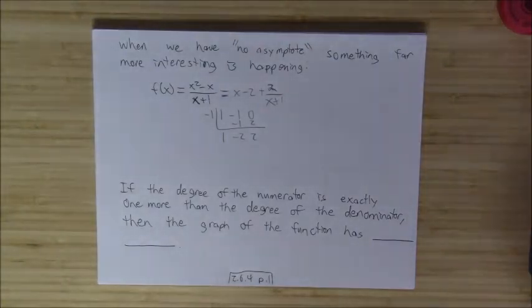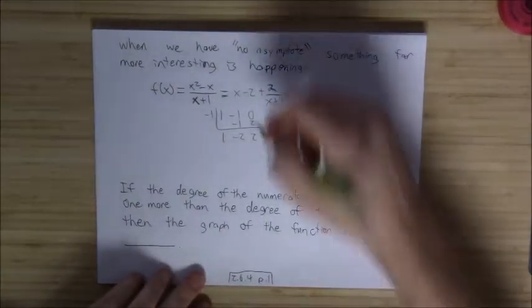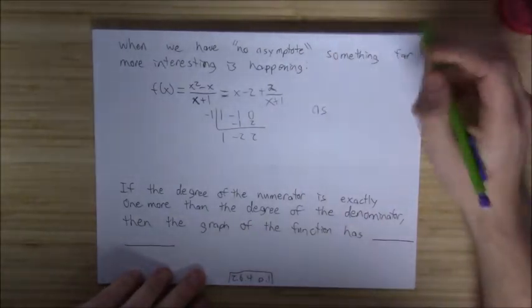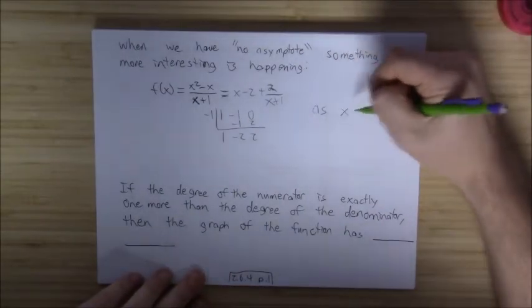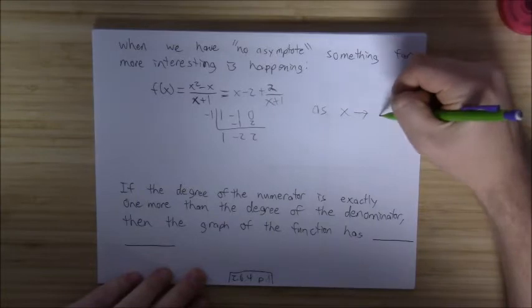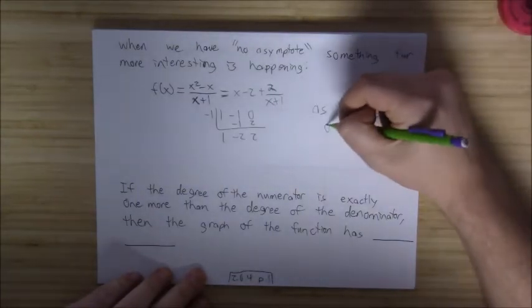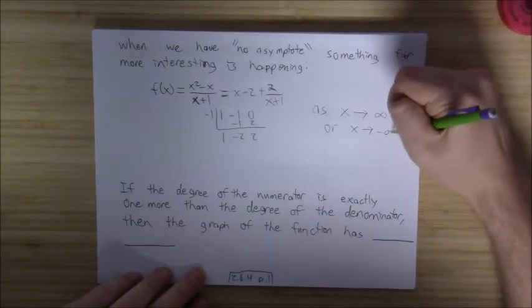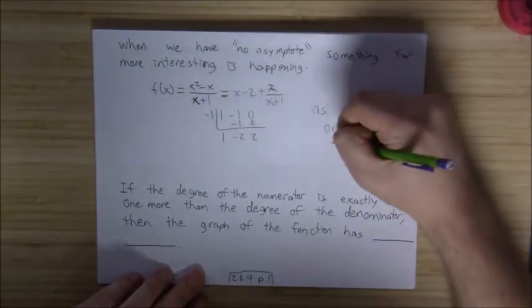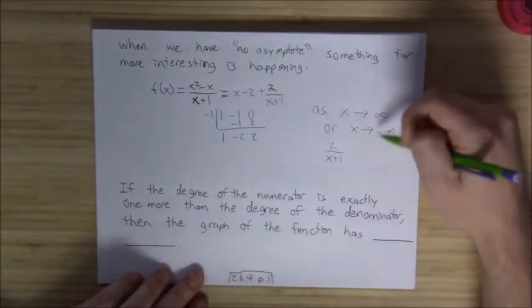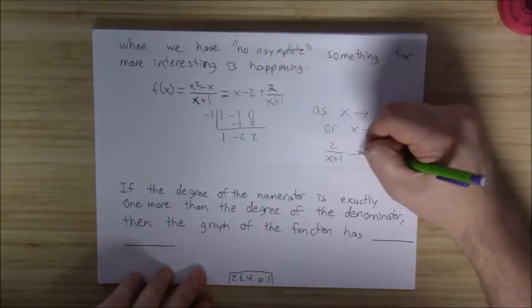But notice that as x gets really, really large in the positive or negative directions, in 2 over x plus 1 the bottom gets large, and so this goes to 0.